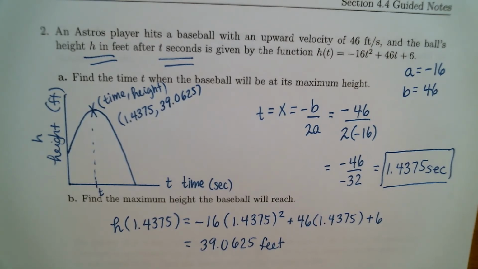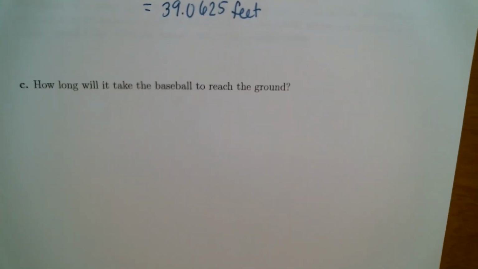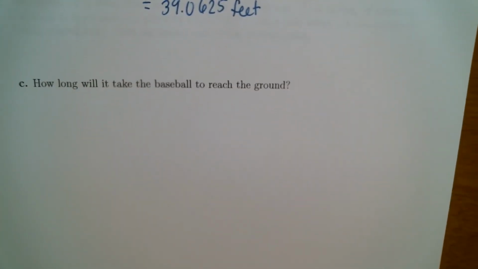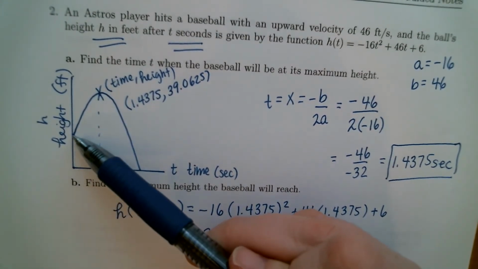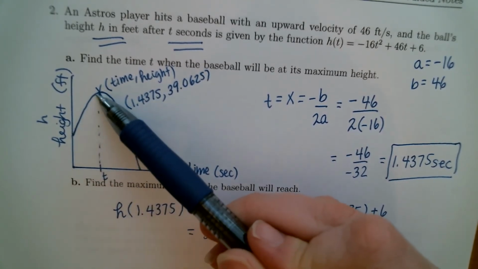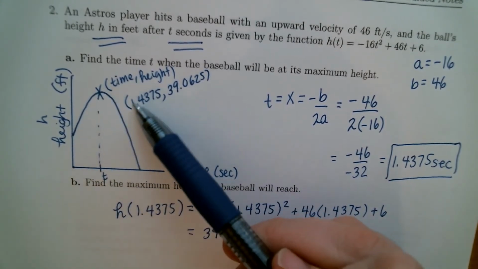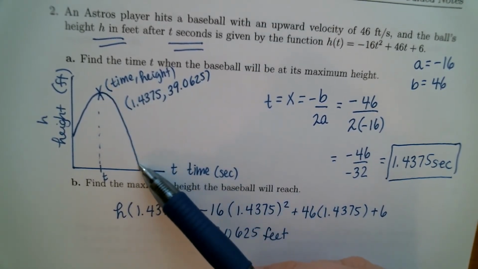In part C, it asks, how long will it take the baseball to reach the ground? Well, if you go back to the sketch, this is where the baseball leaves the bat. It reaches its maximum height at this time, and then it goes back down and hits the ground.